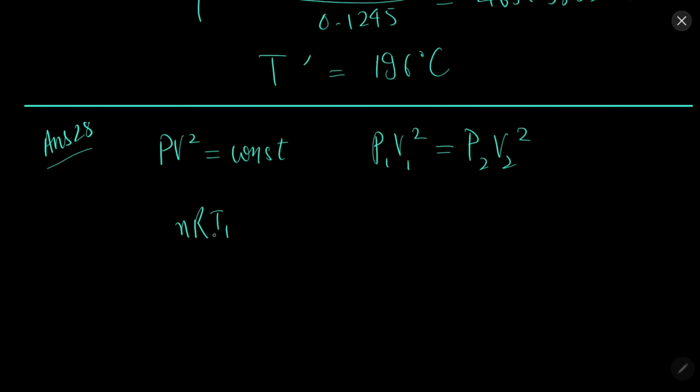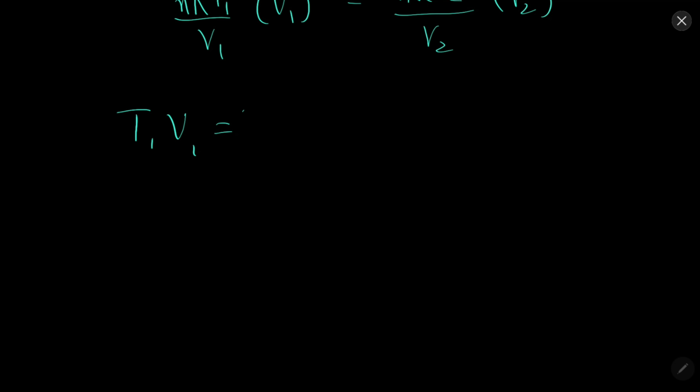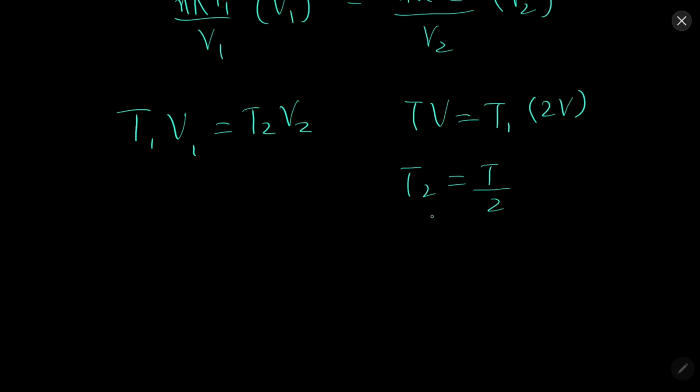So nR T1 over V1 times V1 square equals nR T2 over V2 times V2 square. We will obtain T1 V1 equal to T2 V2. So TV equal to T2 into 2V. So T2 equal to T by 2.